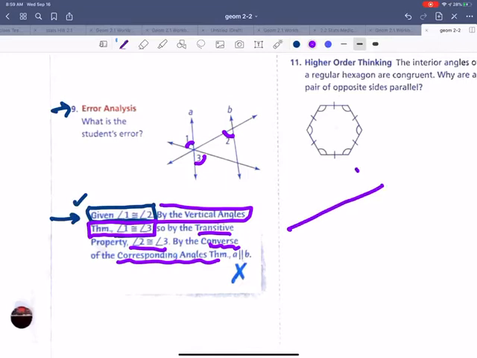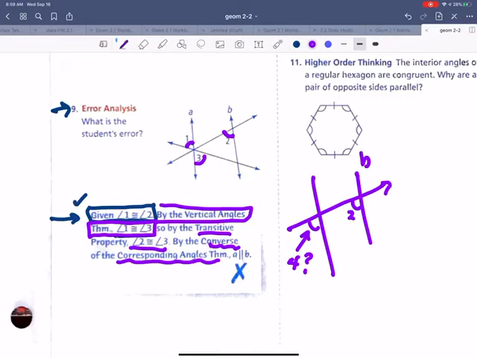So let's think about what the converse corresponding angle theorem would state. The converse corresponding angle theorem would say if angle 2 is congruent to this angle. So that's not an angle we're talking about. This is maybe a fourth angle that we don't know.